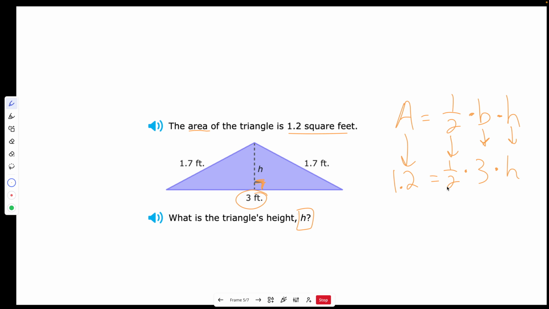And now we're looking at an equation here, so let's go ahead and multiply 1/2 times 3. So now we're at 1.2 equals 1.5 times h. And again, we should know how to solve equations, right? We need to divide by 1.5 on both sides.